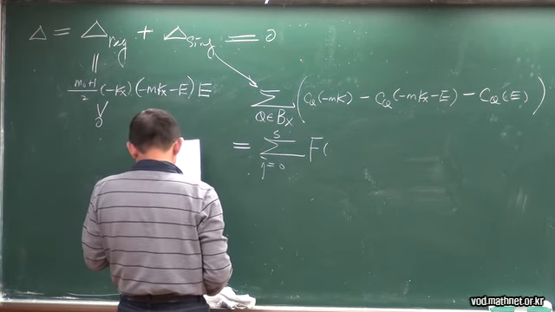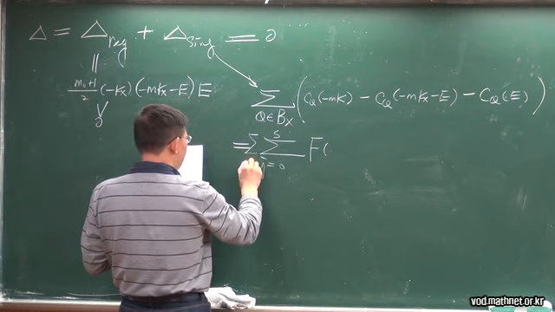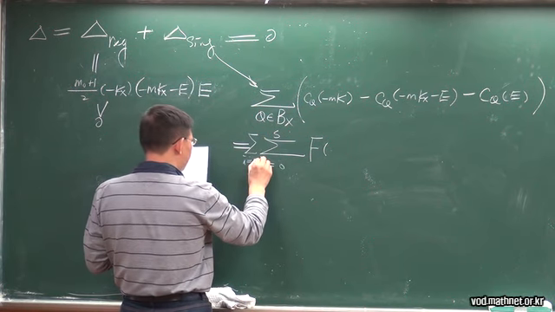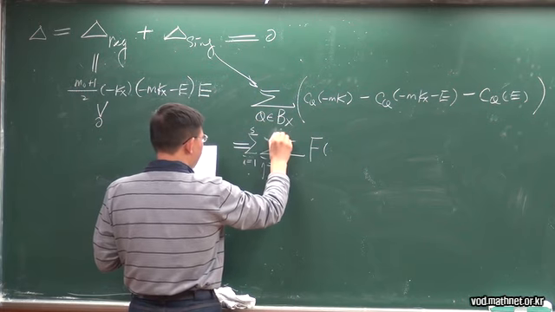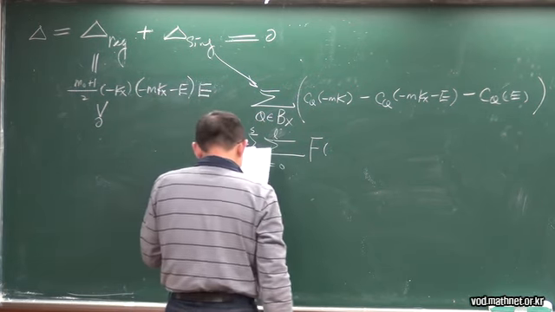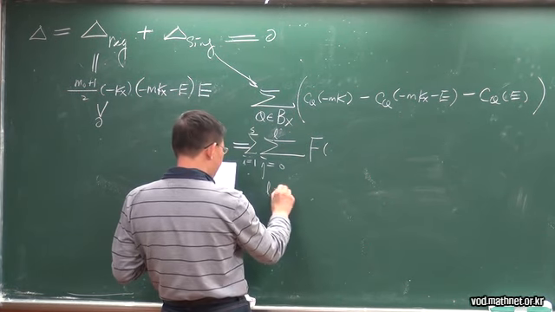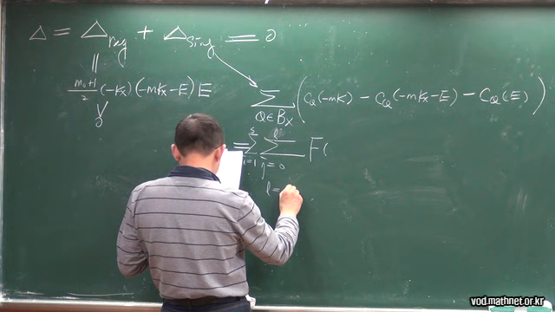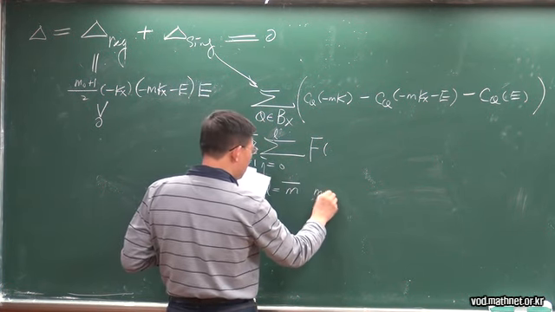So each i from 1 to s, and j from 0 to L. What is L? L is the residue module.